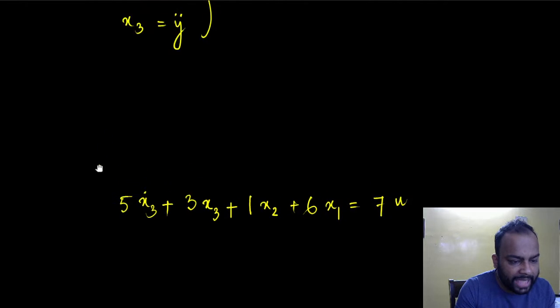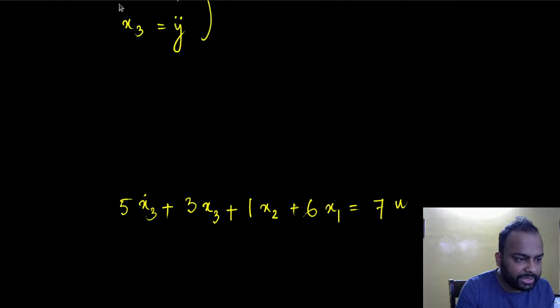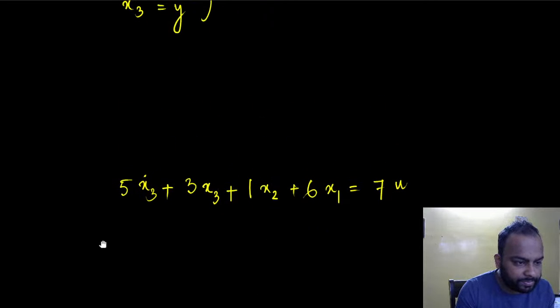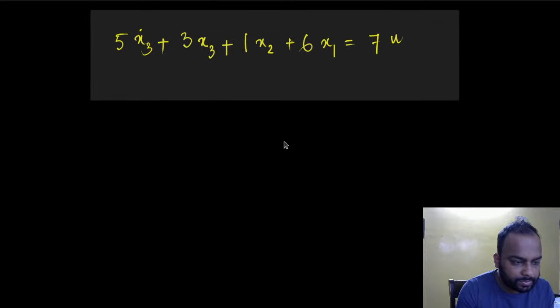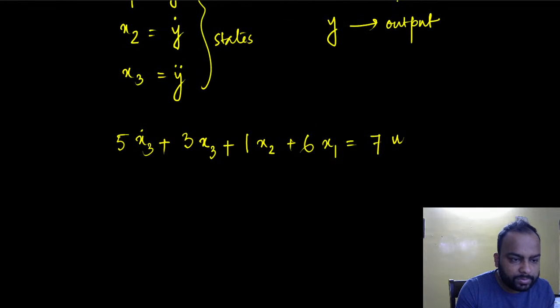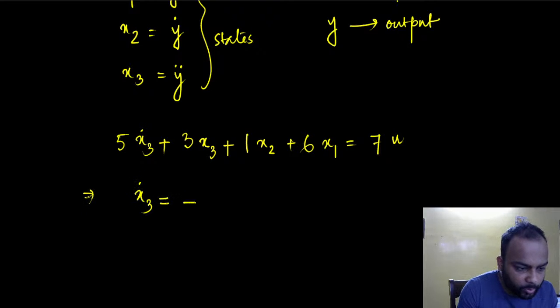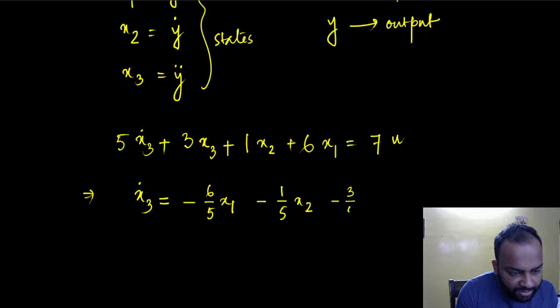And alongside that, we can now simplify this very easily and write down x3 dot to be equal to minus 6 by 5 x1 minus 1 by 5 x2 minus 3 by 5 x3 plus 7 by 5 u.